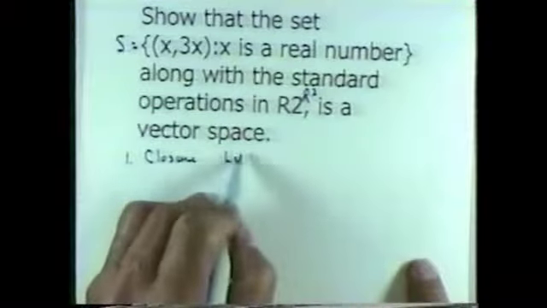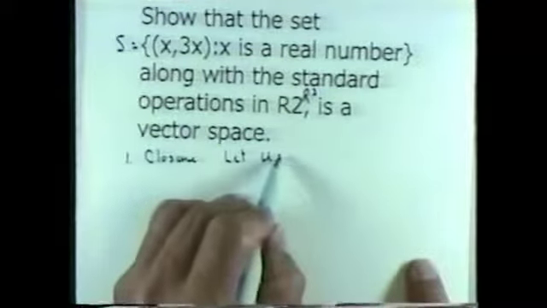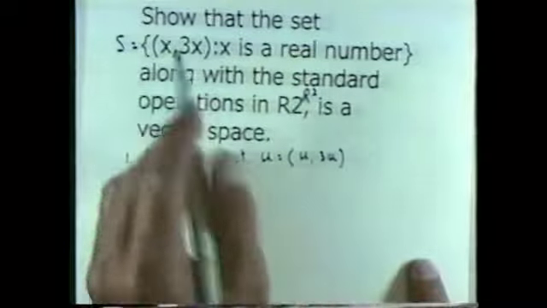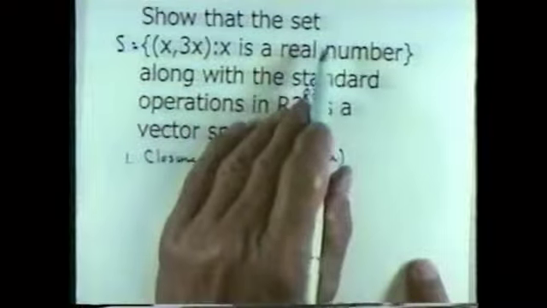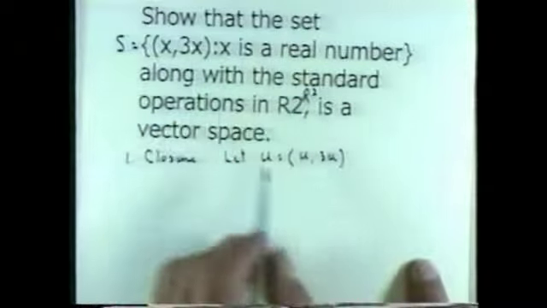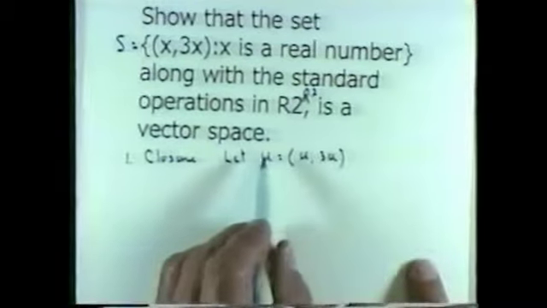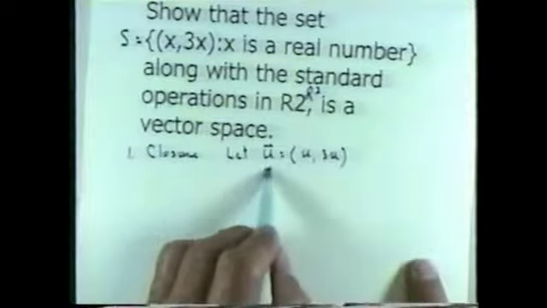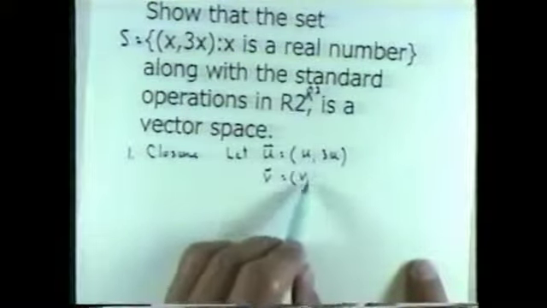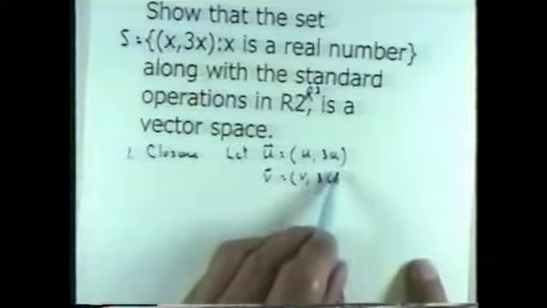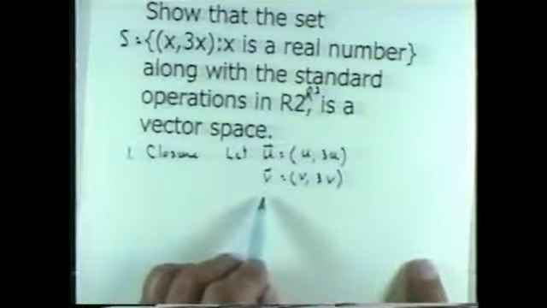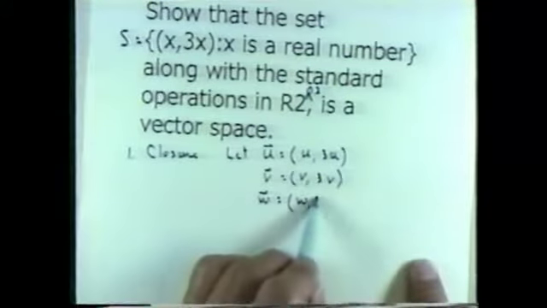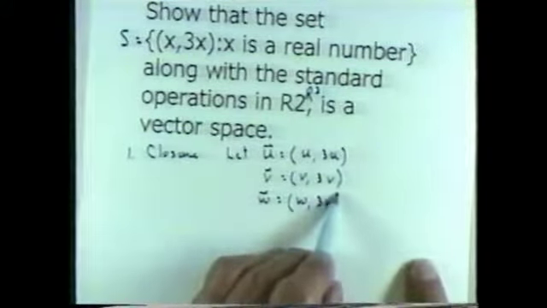We'll let U be the vector (u, 3u). See how it is? The set of all (x, 3x) such that x is a real number. So if I let vector U be (u, 3u), V we'll let be (v, 3v), and W we'll let be (w, 3w).